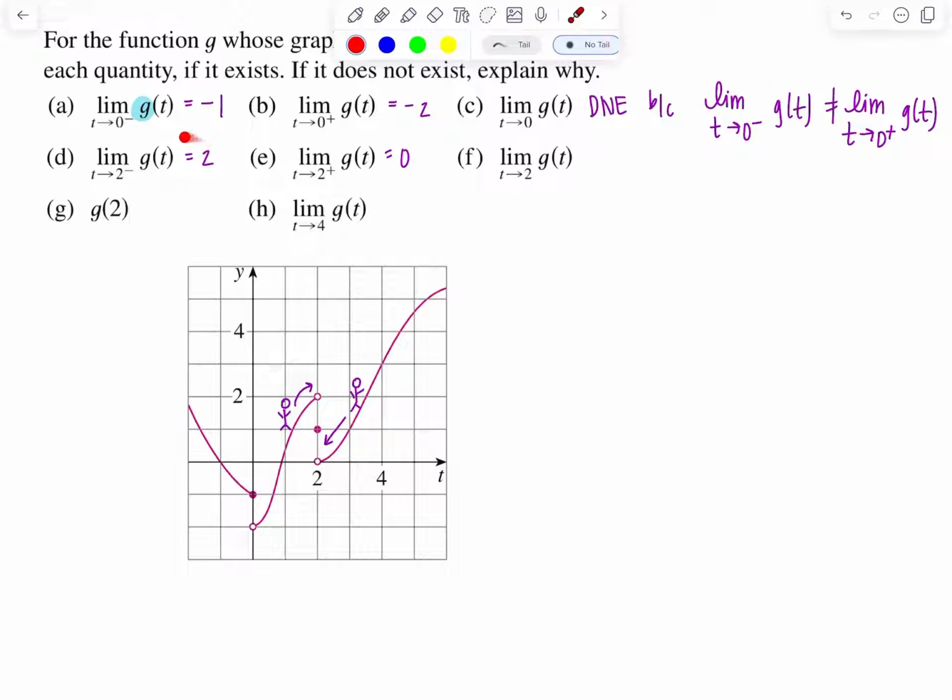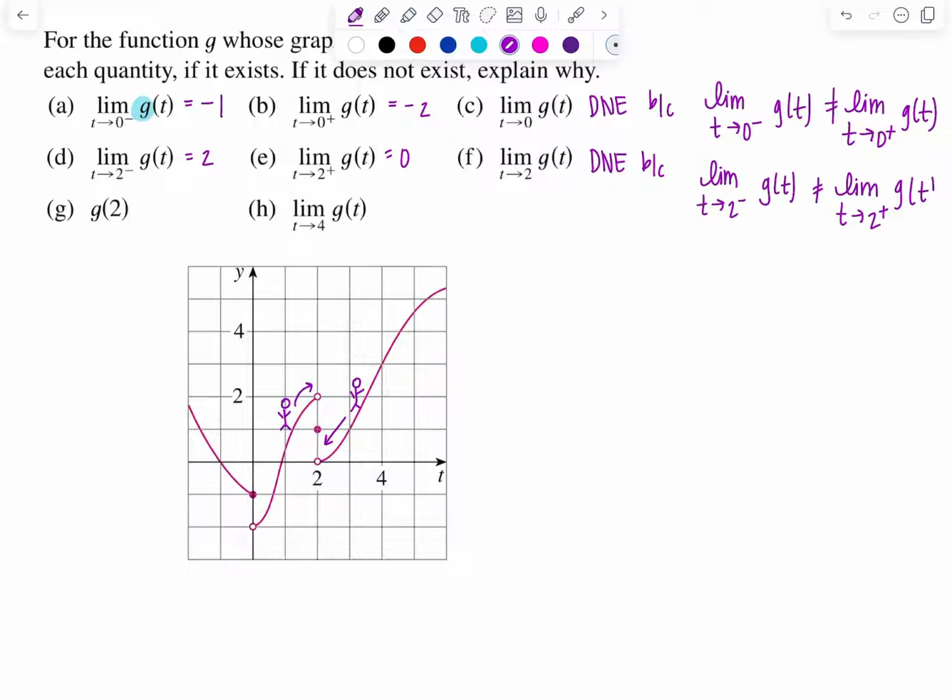Well, let's check. Does the limit from the left equal the limit from the right? No. So again, this does not exist, same reason: the limit as t approaches 2 from the left of g of t does not equal the limit as t approaches 2 from the right of g of t.